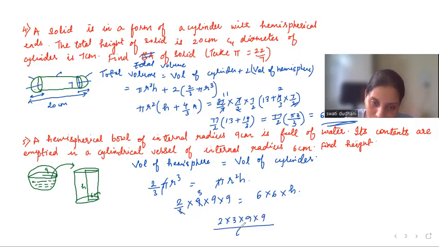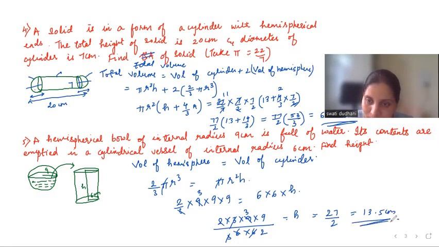Now let us reduce: 2 ones are 2, 2 threes are 6, 3 gets cancelled. 3 twos are 6, 3 threes are 9. So ultimately 27 by 2, which is 13.5 centimeters. So 13.5 centimeters is the height of the cylinder.